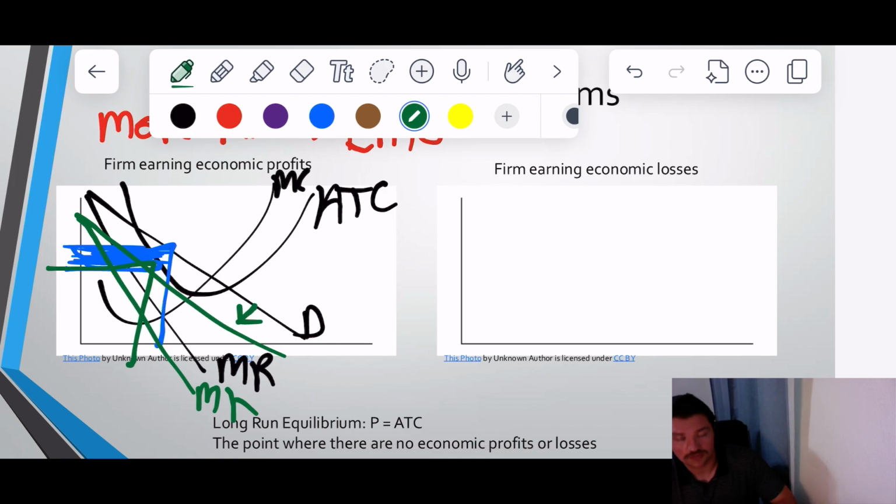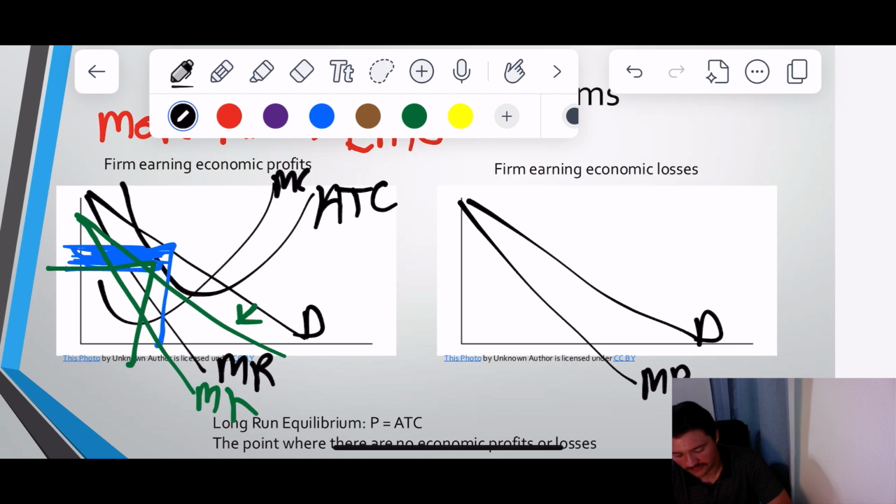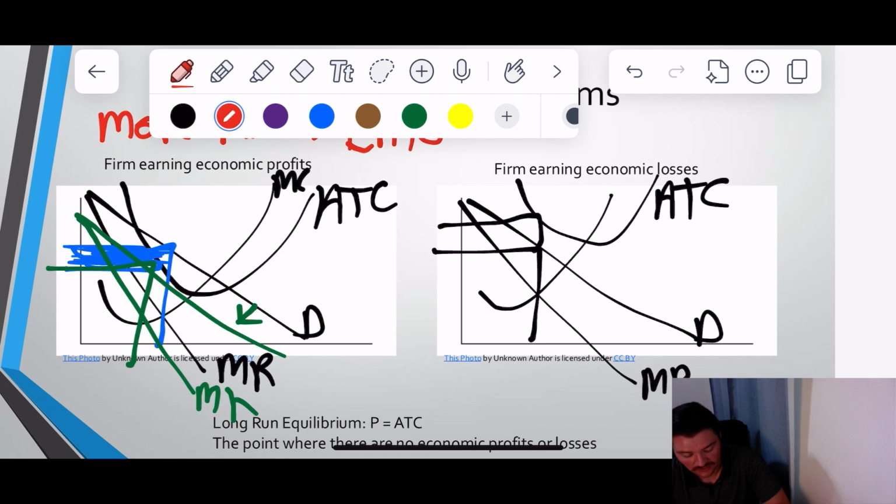Now, if you go to where you're earning losses, such as here, where you have all the same steps here, but now your ATC is up here. If firms are earning losses in this area, firms are going to shut down. The mom and pop shop shuts down, to where now people start going back to Starbucks because those other firms exit the market.